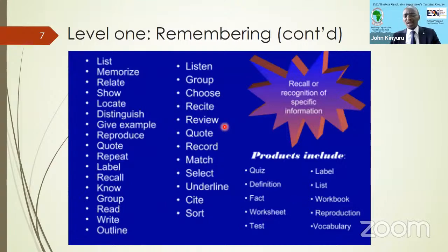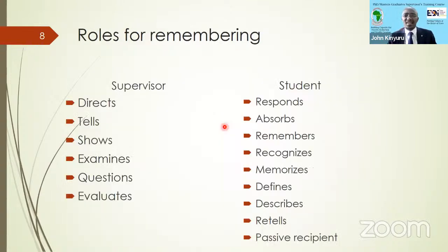So at the remembering stage, you want the student to list, to memorize, to distinguish. This is where you ask them questions like, what is? Can you group, underline, select, cite, list? Very basic things, because you're assessing knowledge and thinking at that low level.